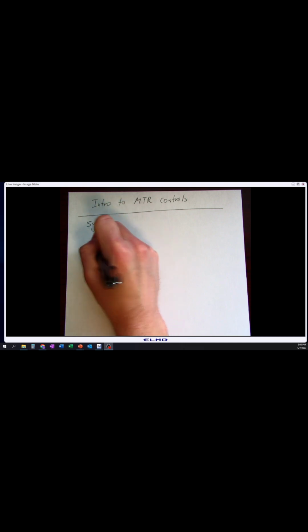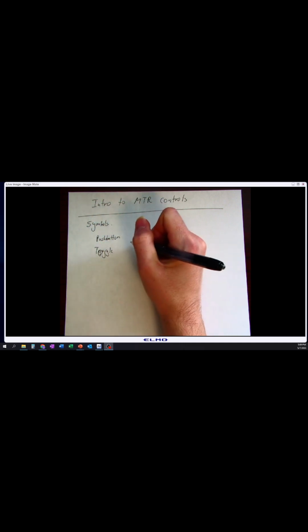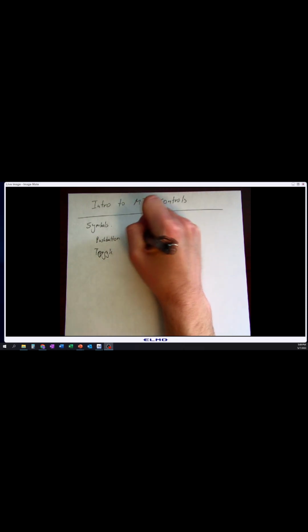And so I'm going to start us off with talking a little bit about types of push buttons. For the most part, we're going to have just a simple push button, and then you can have toggle switches, and you can have mushroom-headed push buttons.